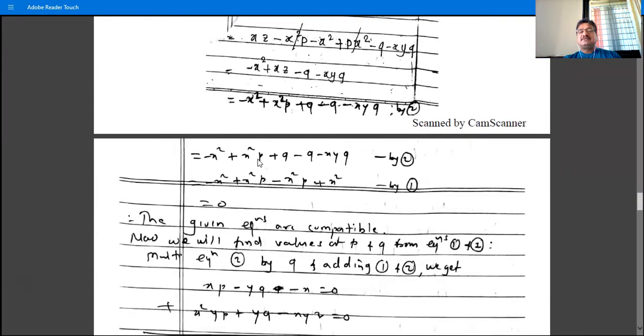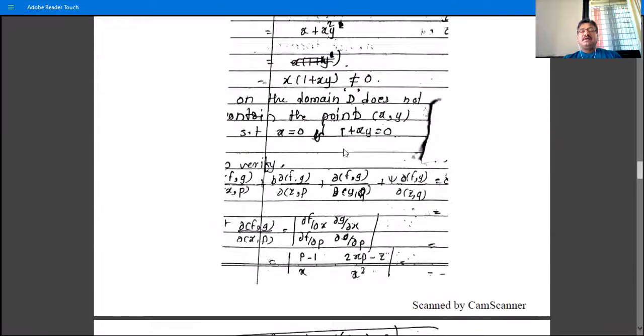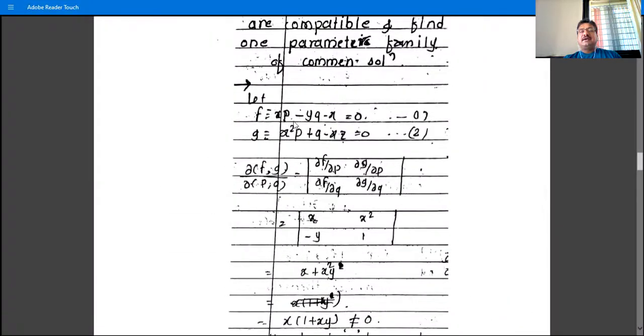So we have minus x square plus x square p plus q minus q becomes 0 minus xyq. Okay, and then minus x square plus x square p, this minus p and plus p get cancelled, and minus xyq by equation number 1.